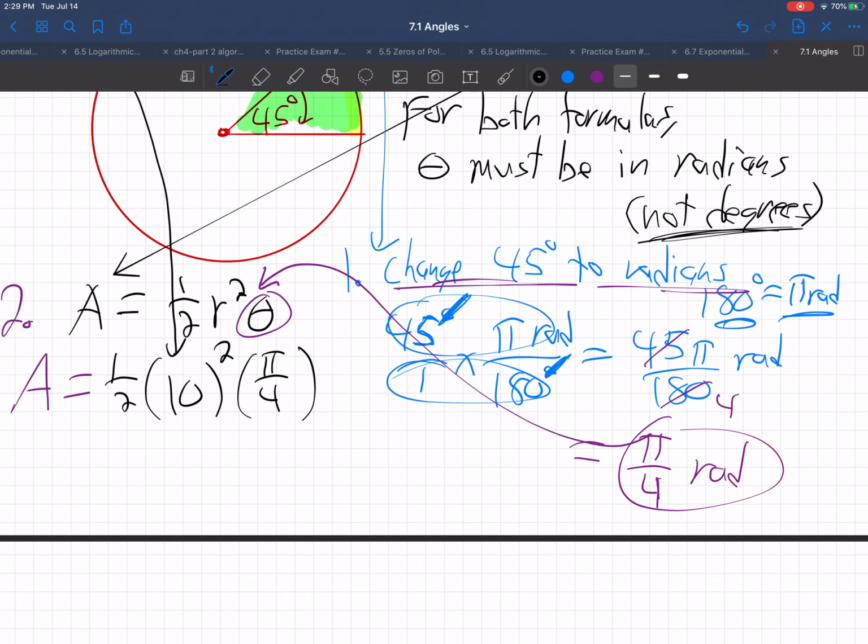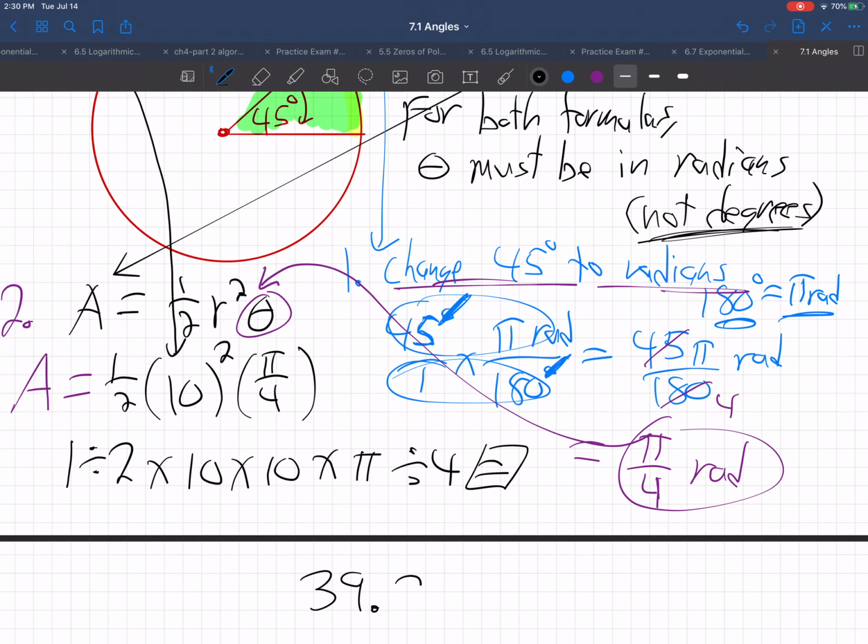Just take 1 divided by 2, or 0.5, whatever, times 10 times 10, 10 squared or 100, times the pi, use the pi button, divided by 4, hit equals. I'm getting 39.2699.